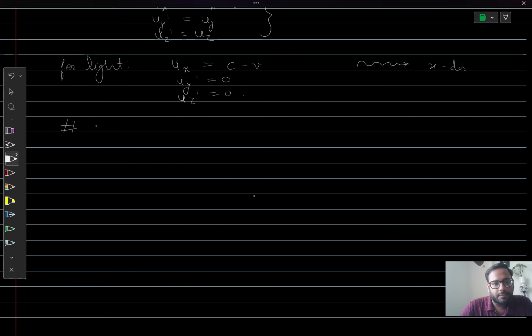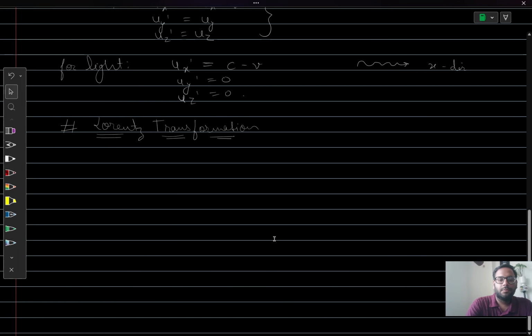Now we have derived the Lorentz transformations in the previous class. Does anyone remember how they look?